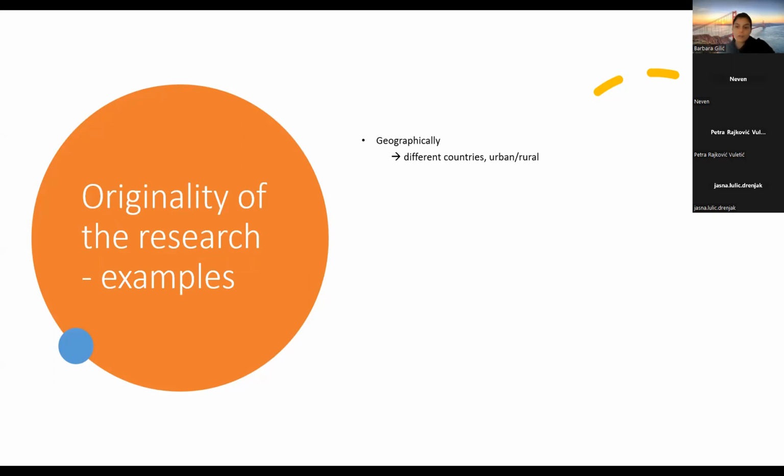Now I will also give you an example of physical activity research, as this is my main research field. In Croatia and in Slovenia, physical activity levels are at a completely different stage.